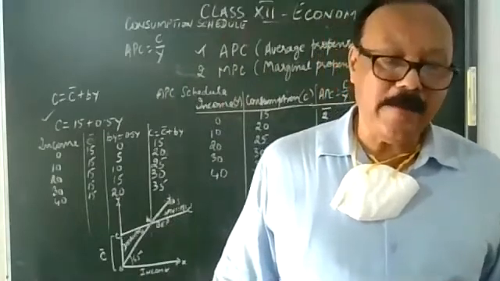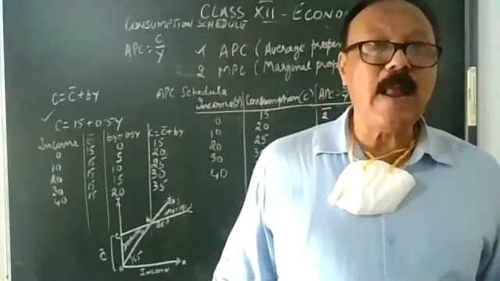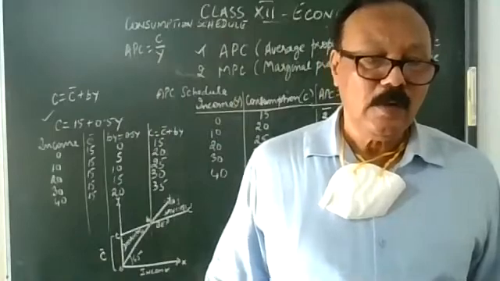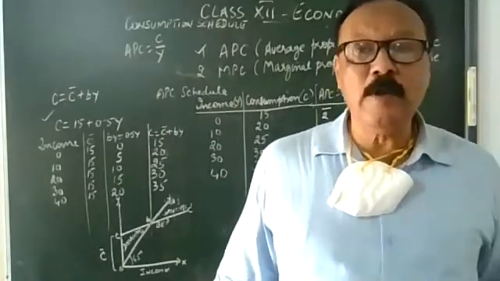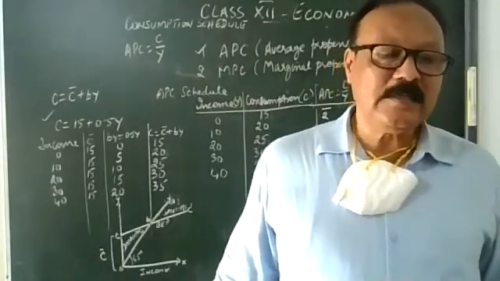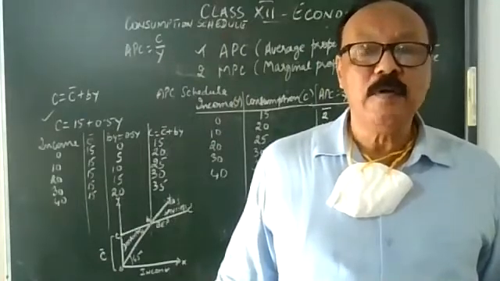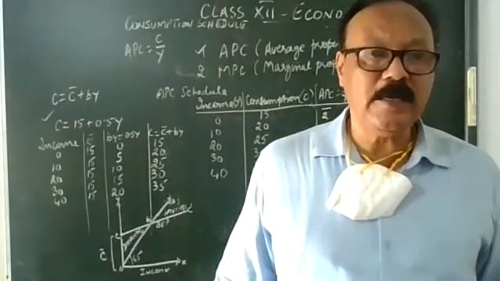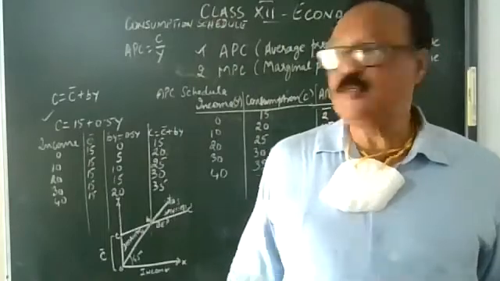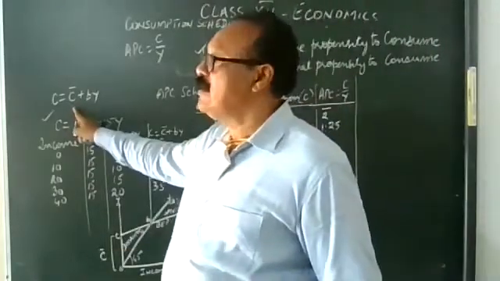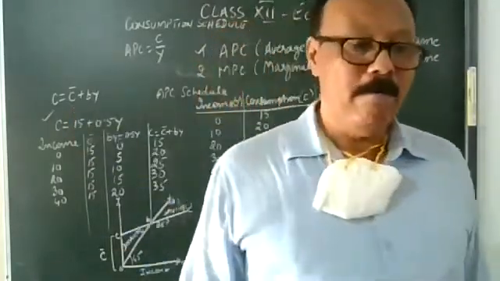What does this imply? This implies that when national income is zero, there is some minimal level of consumption. That is autonomous consumption, which is shown as C bar.